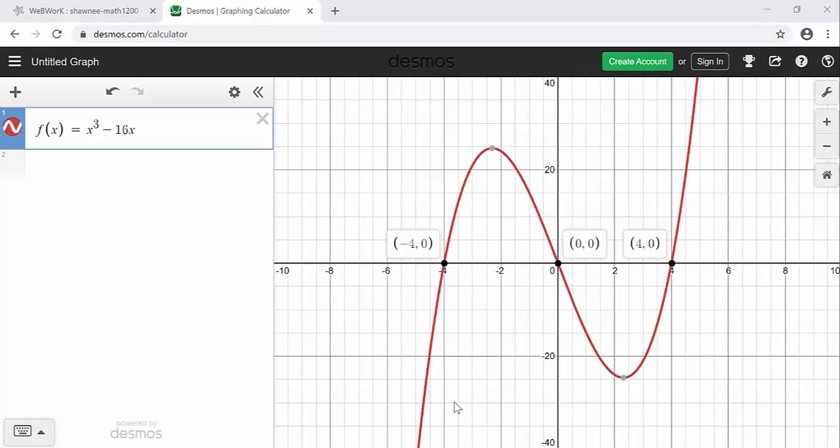So looking at this function in Desmos, we confirm the shape of the graph and confirm that the function is below the x-axis when x is less than or equal to -4 and between 0 and 4.